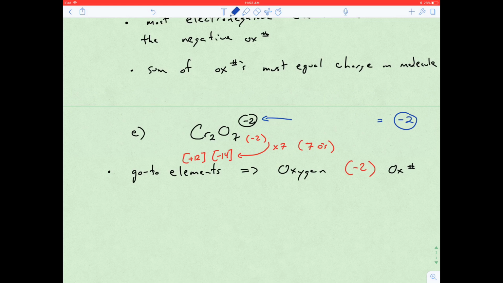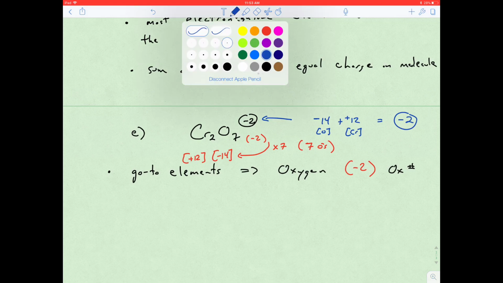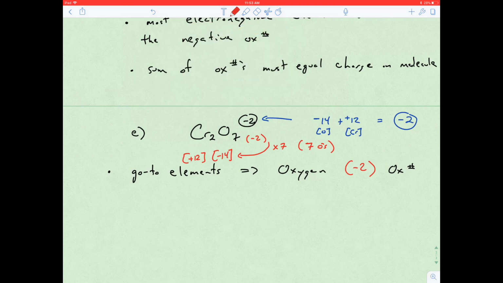And so having a -14 from our oxygens and a total of +12 from the chromiums gives us that -2 charge. So that means that the 2 chromiums together have a total of +12, and so individually each one would have a +6 oxidation number, dividing by 2 to figure it out.